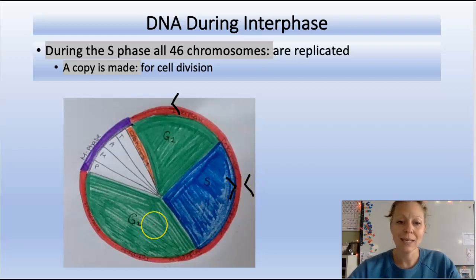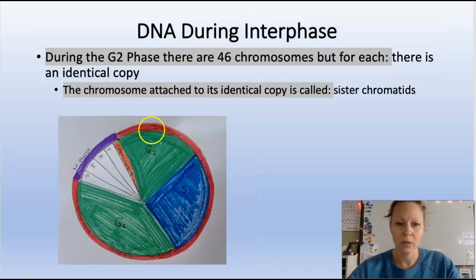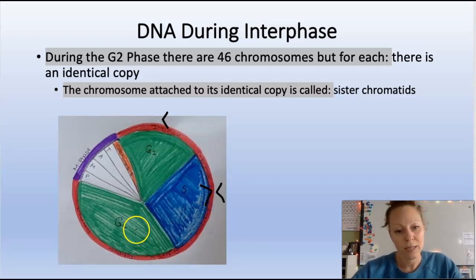So that when we get into G2 phase, let me scoot over here, we have interphase, we have 46 of these. Then we go into S phase, and we have 46 chromosomes, and they are attached to their identical copy that was made during S phase.